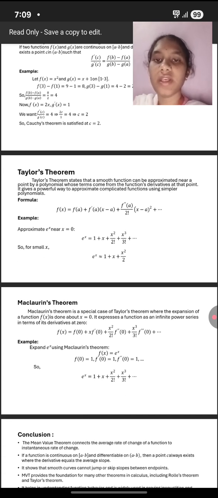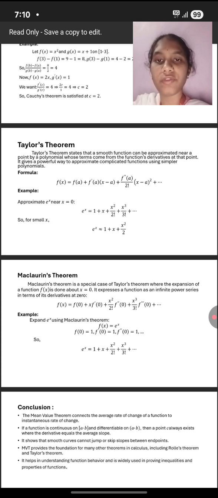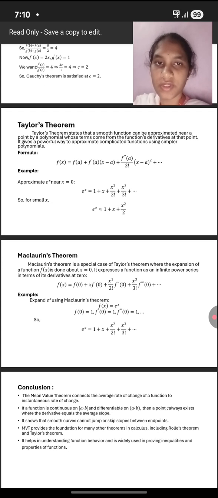Taylor's theorem. Taylor's theorem states that a smooth function can be approximated near a point by a polynomial whose terms come from the function's derivatives at the point. It gives a powerful way to approximate complicated functions using simpler polynomials.